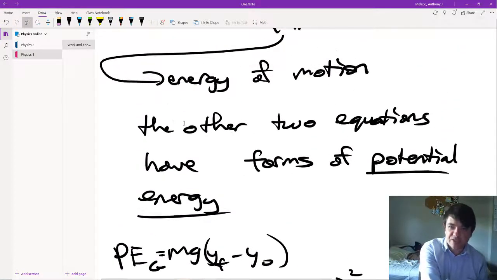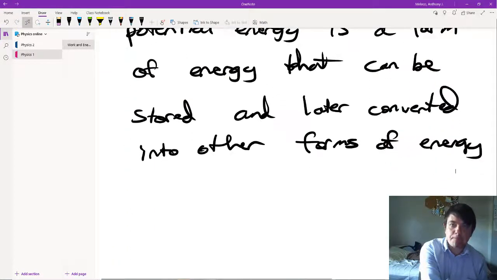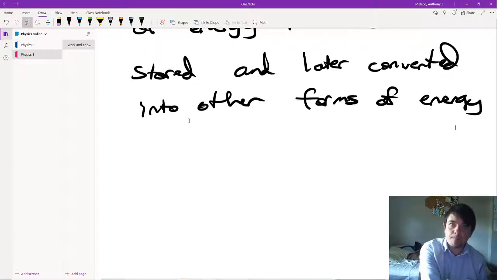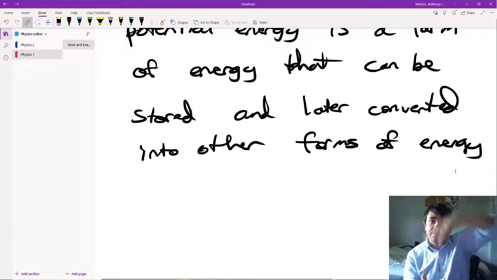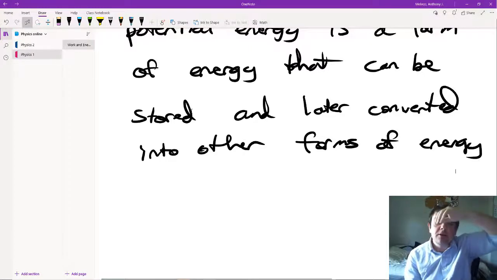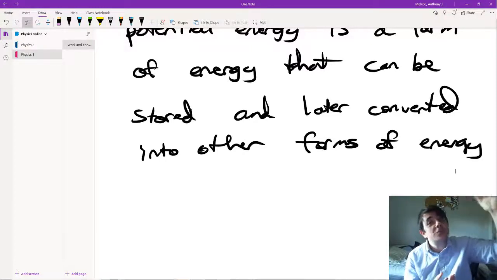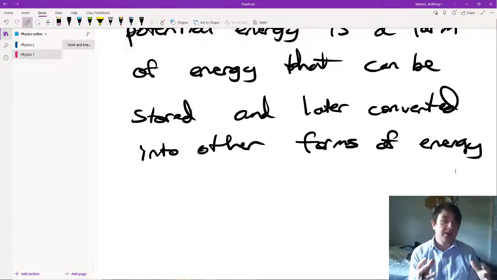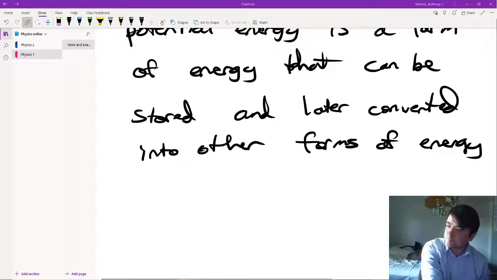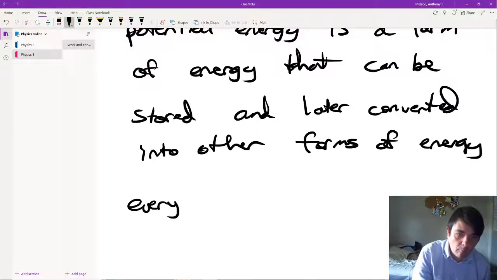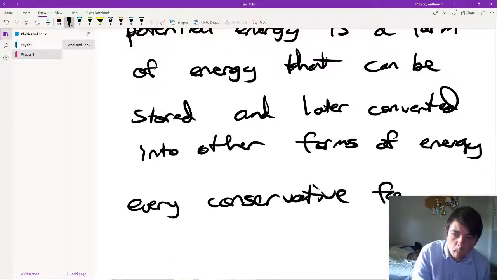Whereas kinetic energy is just the energy of motion. Things that are moving have kinetic energy. Things that have position relative to the ground, or relative to what you define as zero, have gravitational potential energy. And if you're pushing against a spring, you would have spring potential energy. So every conservative force has a potential energy associated with it.